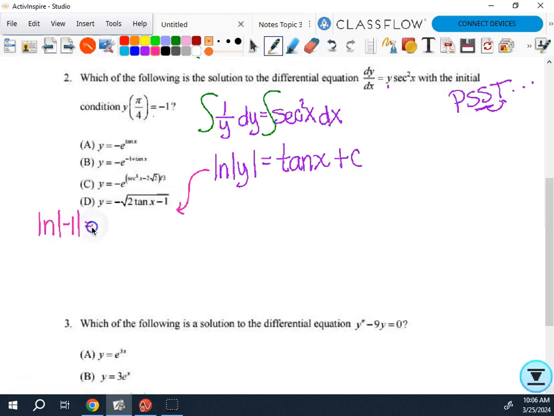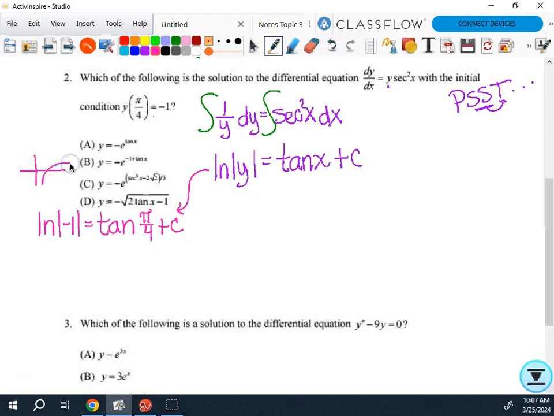Natural log of the absolute value of -1 is equal to the tangent of pi fourths plus c. Okay, so the natural log of the absolute value of -1 is the same thing as the natural log of 1.